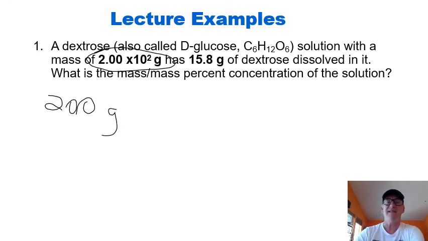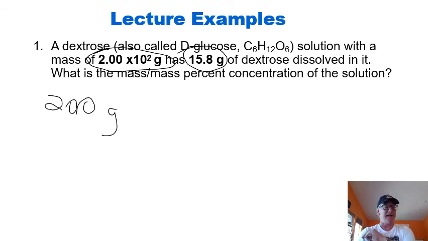If it has 15.8 grams of dextrose dissolved in it, what's the mass percent of this solution? So the dextrose solution has a total mass of 200 grams. The amount of dextrose in it is 15.8 grams.